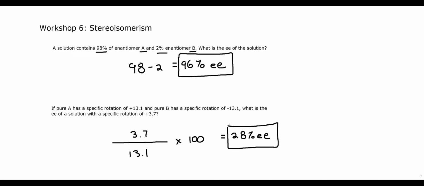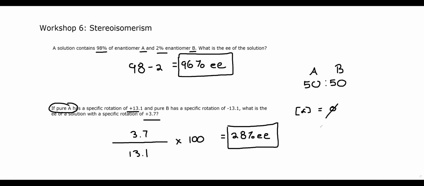28% EE. And which enantiomer do we have more of, A or B? We have more of the A because the A is positive, and we're at positive 3.7. If we had equal parts, right, if we had 50, 50, A and B, the specific rotation would be 0.